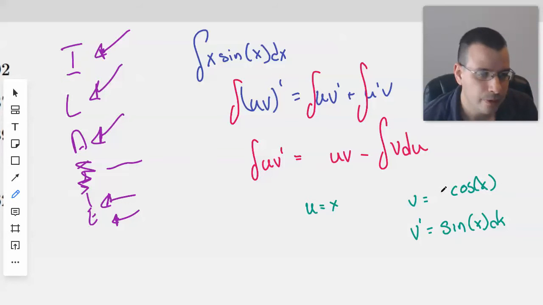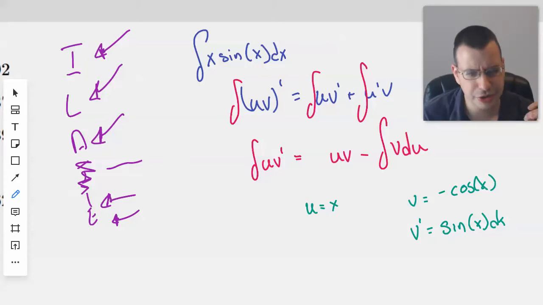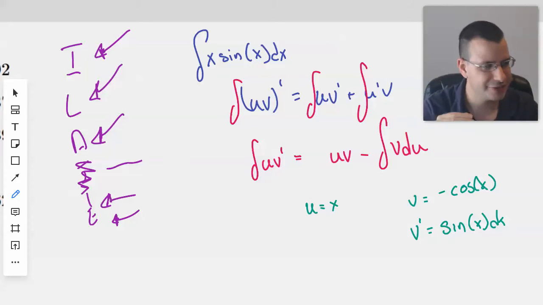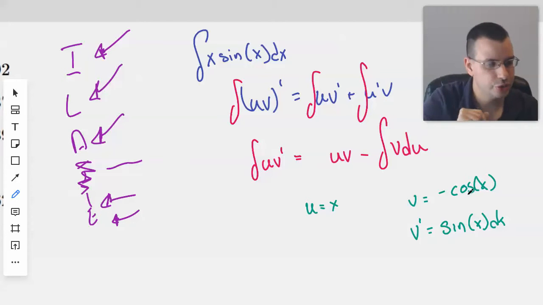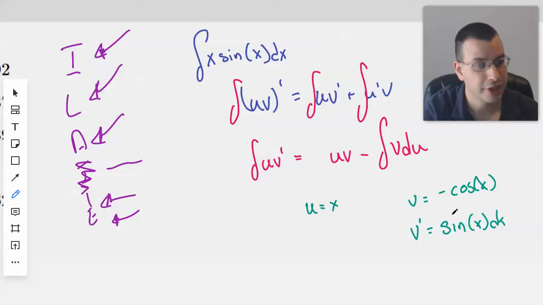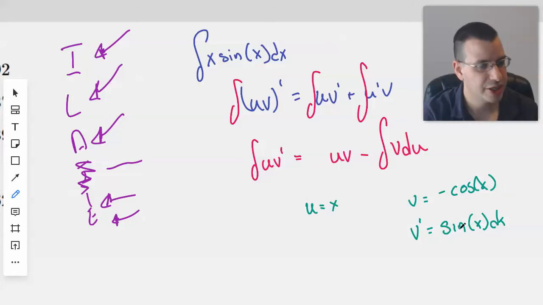I always have trouble remembering with this negative sign. So what I do is I say, sine of x, it's going to be cosine of x. And then I ask, what do I need to do when I take the derivative of cosine of x to get sine of x? When you take the derivative of cosine of x, you're going to get the opposite sign. So we're going to have negative cosine of x to get positive sine of x.